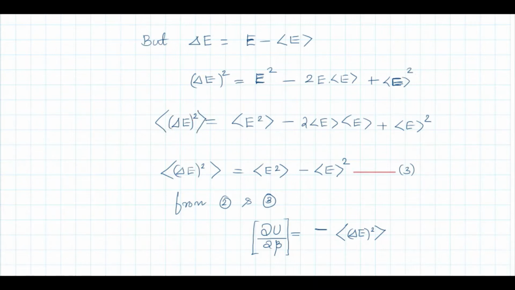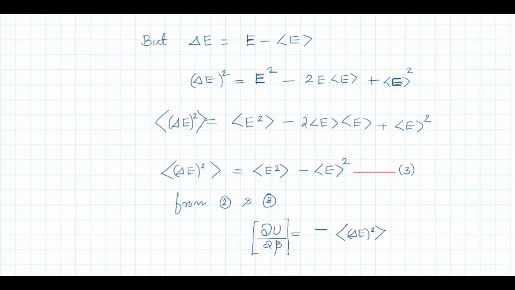So this is mean value of E square minus 2 times mean value of E. Here it is a mean value. If you take one more mean, that doesn't give you anything new, it is the same as mean value of E, plus mean value of mean value E square.